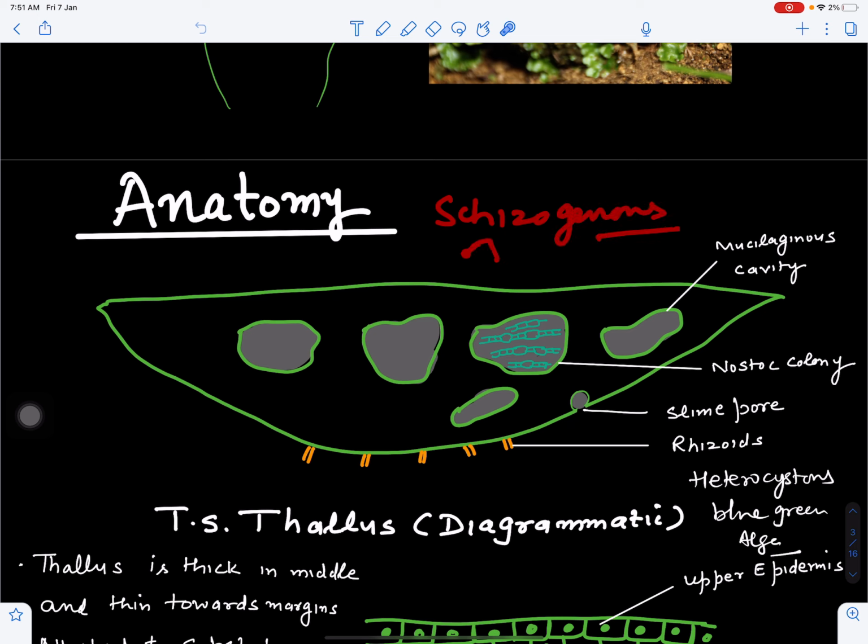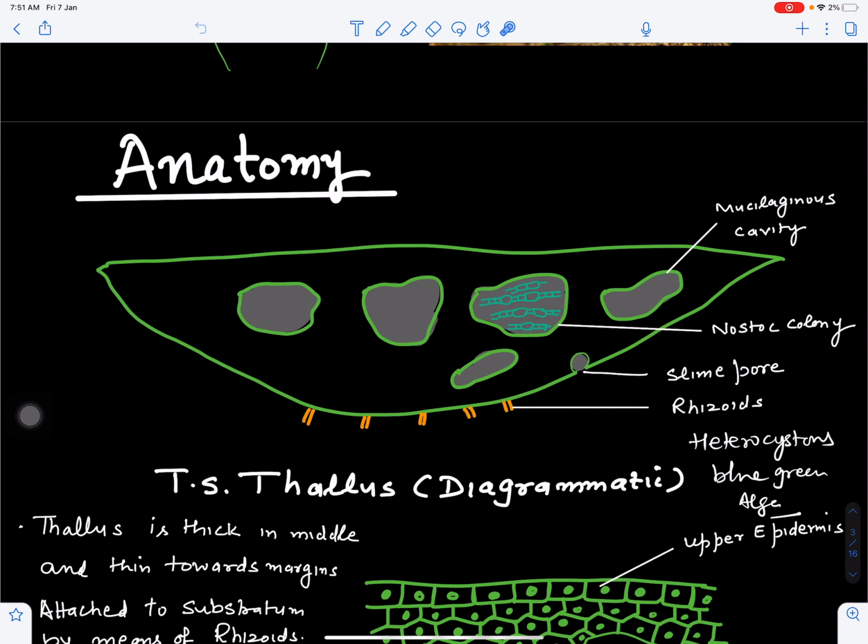Suppose this is one cell, this is another cell. Now these cells will get separated like this, and a cavity can be created. So this is schizogenous formation of the cavity. And these cavities may open on the ventral surface by pores called slime pores. These are rhizoids, and this cavity is inhabited by Nostoc filament, called a Nostoc colony.